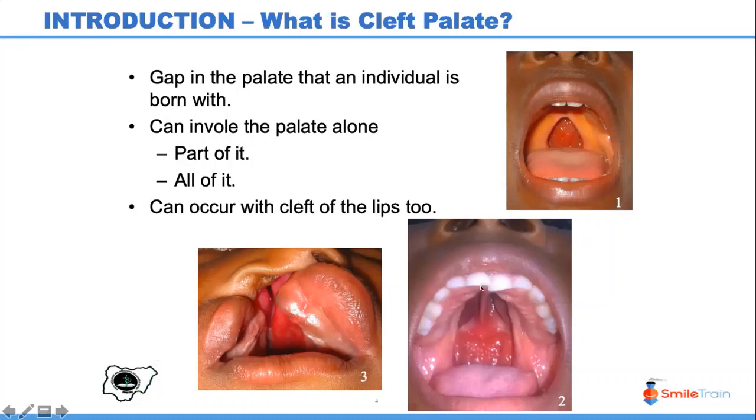And sometimes this cleft palate may not occur alone. It can involve the lip all the way, like the number 3 picture. But the individual needs to be born with it because there are other mechanisms that can cause a defect in the palate, and that is not cleft palate. So for a cleft palate, the individual needs to be born with it, and there are different presentations of the defect.